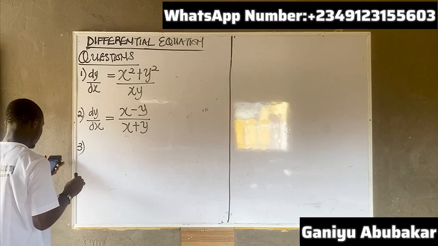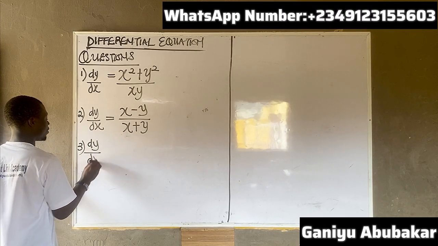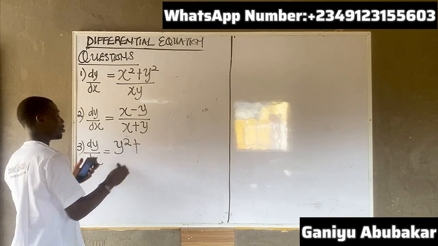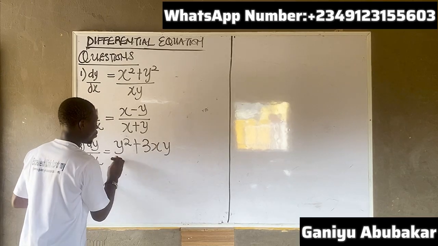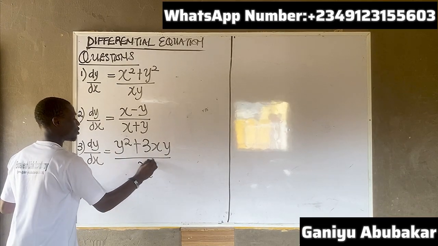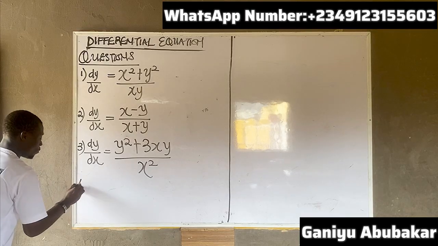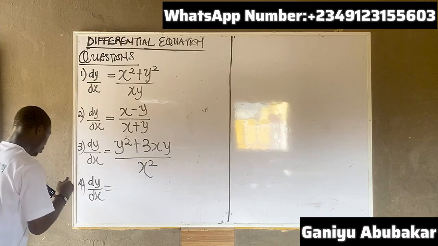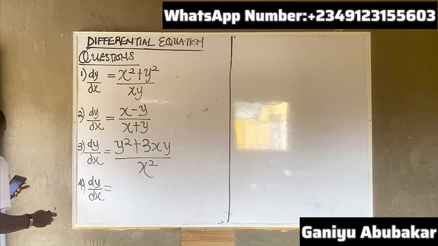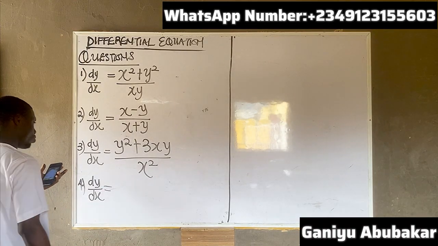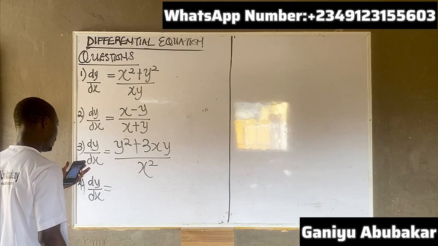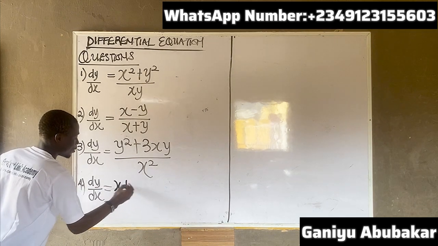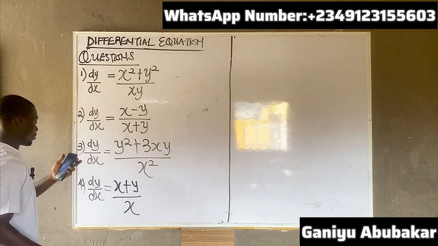Number 3, I have dy over dx equal to y squared plus 3xy all over x squared. Number 4, I have dy over dx equal to x plus y all over x.